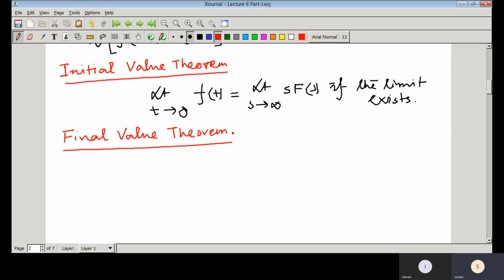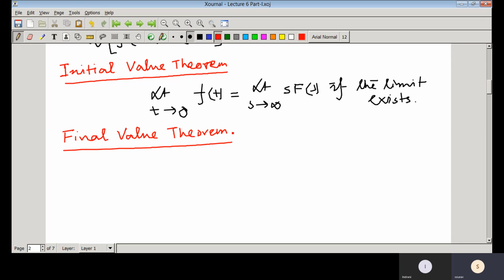That means if you would like to find out the value of that function when t tends to infinity, then it can also be obtained in the Laplace domain as follows. According to the final value theorem, when t tends to infinity, the value of f(t) is limit s tends to 0 of sF(s).